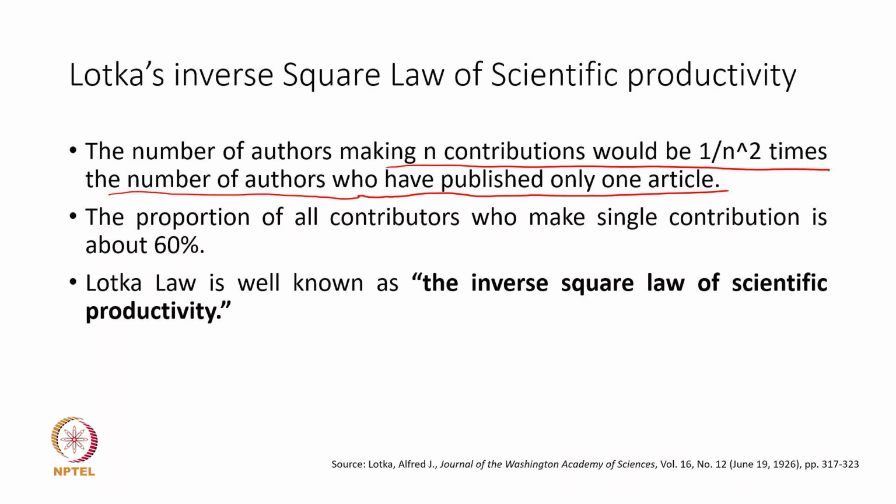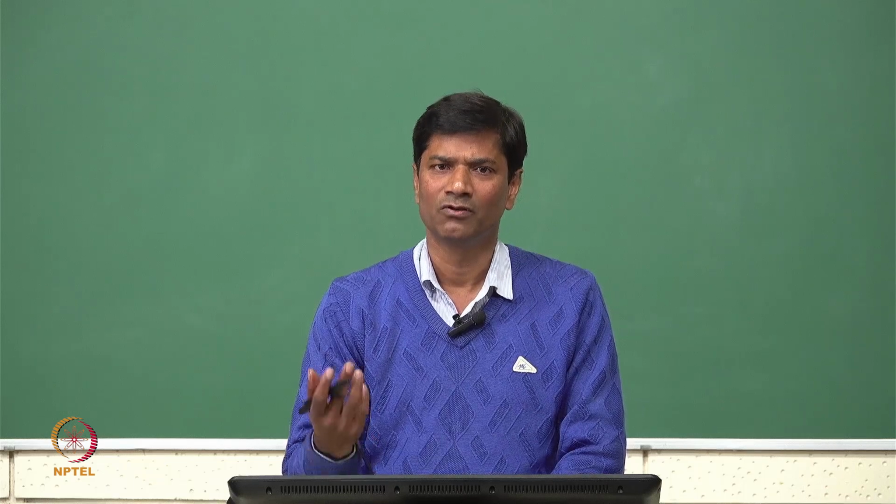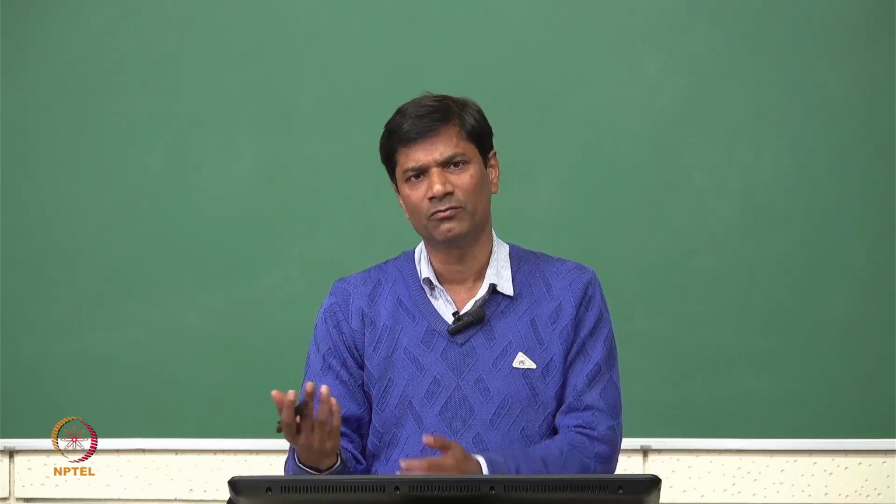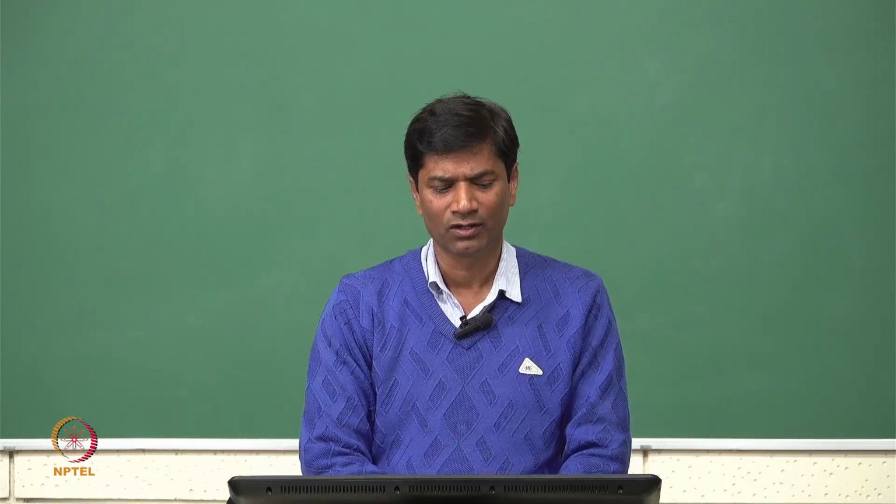It is very clear that the number of authors who published n articles would be 1 by n square times the number of authors who published one article. For example, as I told in my previous slide, the number of authors who published two articles would be 1 by 4th, three articles would be 1 by 9th and so on.